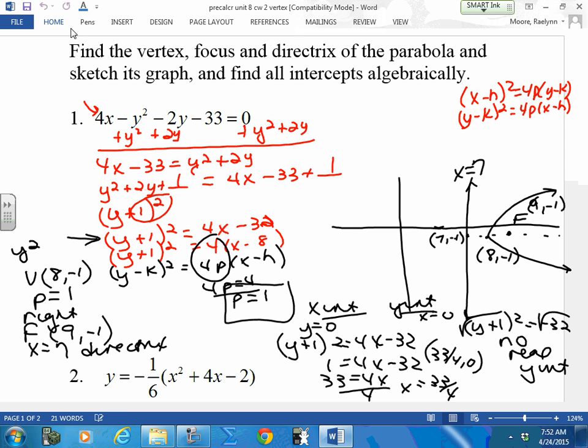So we gave it a term so that we could complete the square. To complete the square, you take the middle term, half of it, then you square it, put it here. This guy right here, this is what factors into y plus 1 times y plus 1, which is your y plus 1 squared. That's how we complete the square.